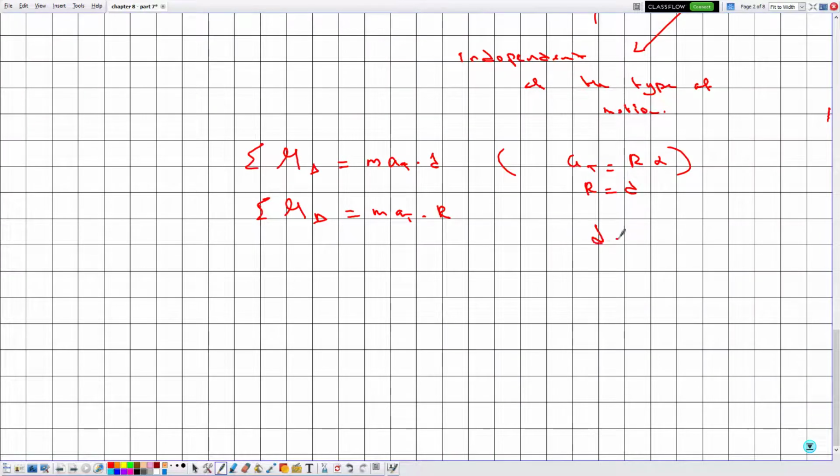So let's say that d is equal to r, the distance from the axis of rotation to the object, or more precisely to the applied force.